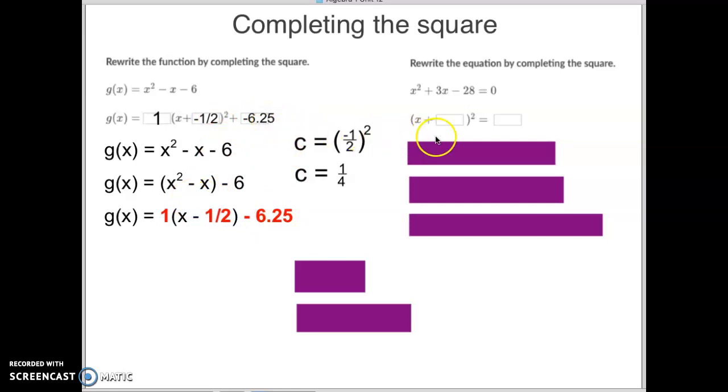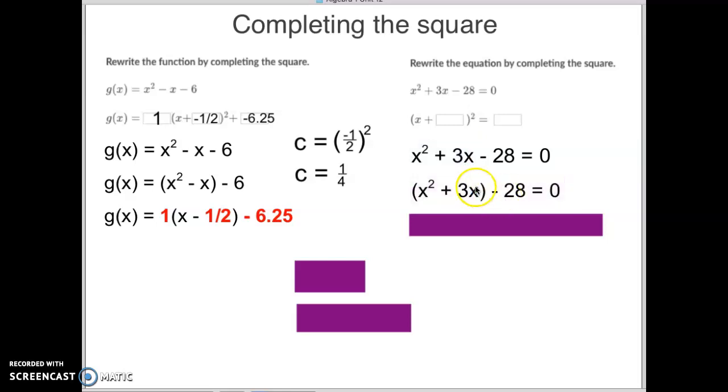All right, let's try this one more time, only this time we've got it going on this side of the equation. So I'm going to take the top equation, just rewrite it here. I'm going to section off or isolate these two terms right here in this next one. Then we have to take our C term. What is half of 3 squared? So again, for our C term, we take our 3, we divide it by 2, and we square it.